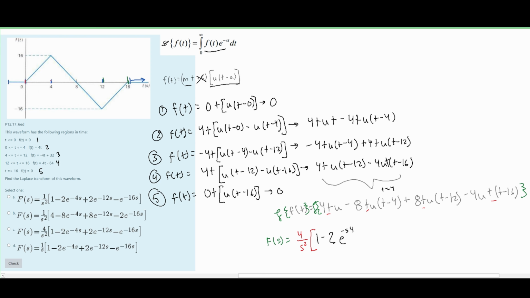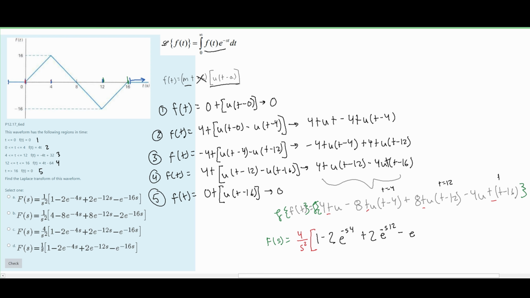For the next one, we're going to have a plus 2, again, because the 4 is factored out. If we factor it in, it's going to be 8. And then we are going to have our e to the minus s, and then for here we have t is equal to 12, so this is going to be minus s times 12. Next, if we factor out the 4, we're just going to have a minus 1 in here, so we're just going to have a minus e.